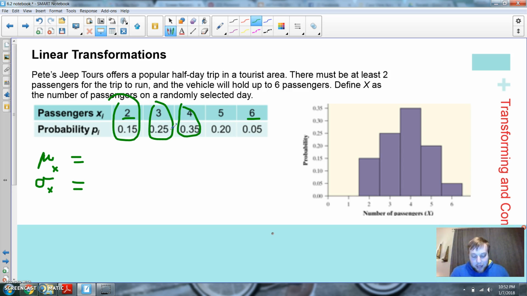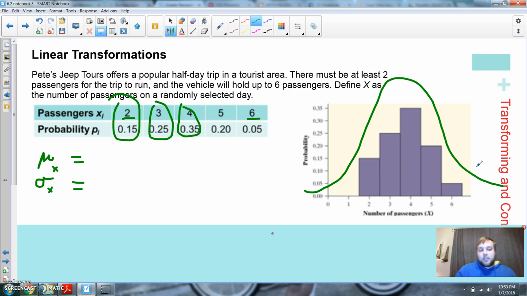That only finds me the mean. So I want the mean and standard deviation because whenever I'm describing stuff, I like to say the shape, which appears roughly normal, the center, which is the mean, and the spread, which is the standard deviation, since it is normal. Remember, if it's skewed, you should use the median and IQR.